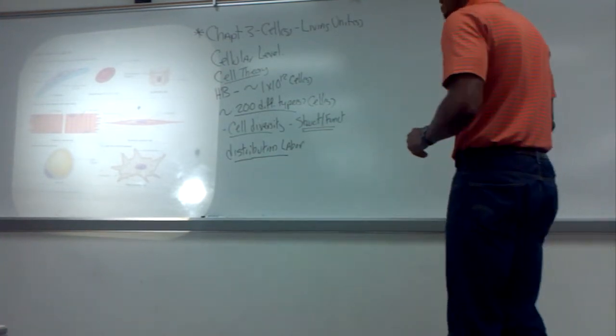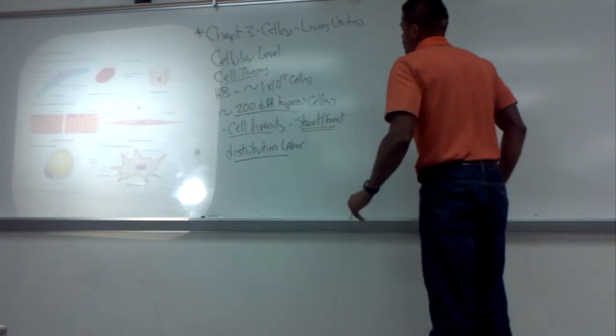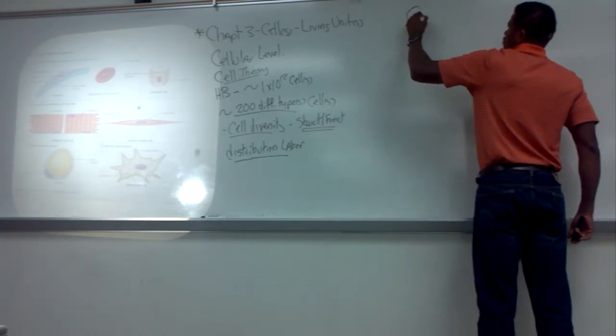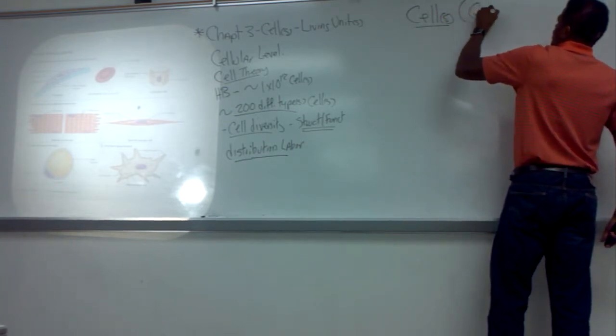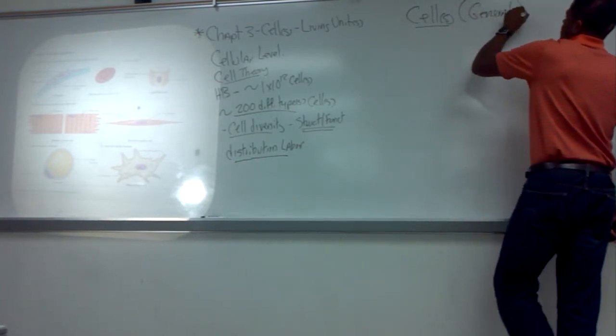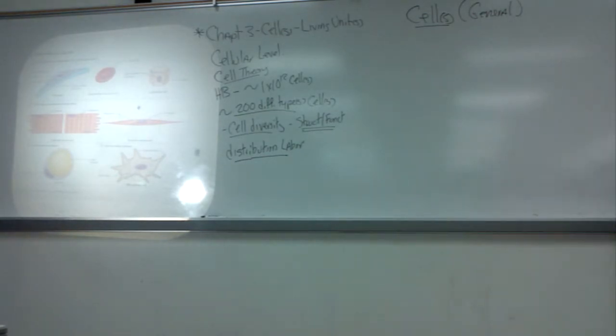But when we take a look at the cell diversity, we can take a look at these cells in general. And generally speaking, we can say that despite the diversity of the 200 different types of cells that make our body up, there are some basic components associated with these cells.